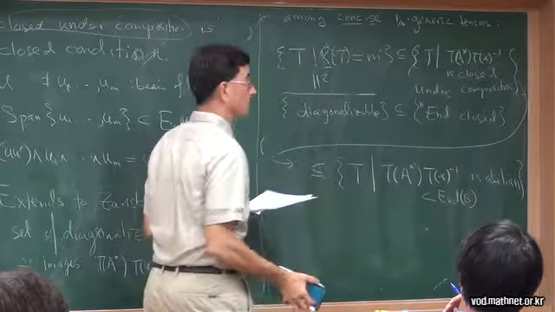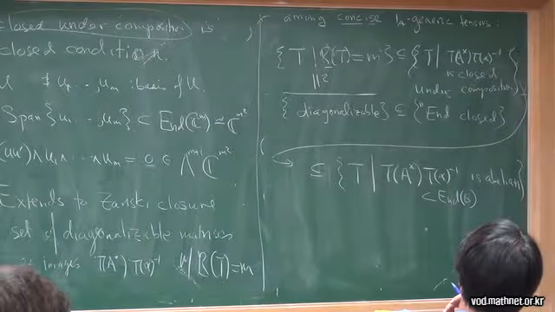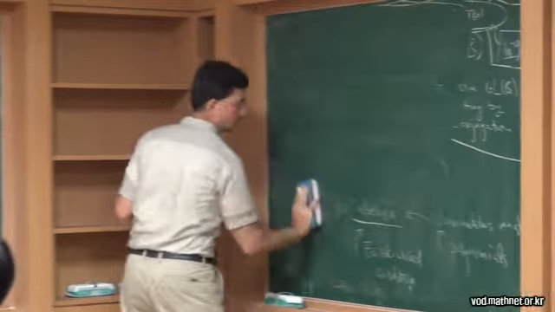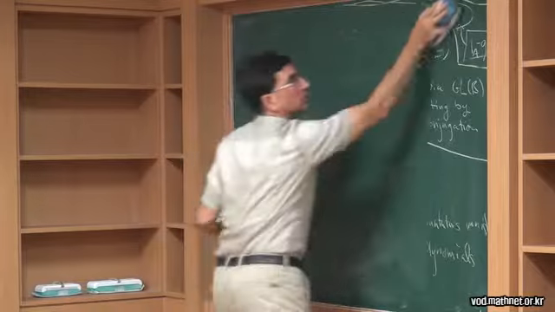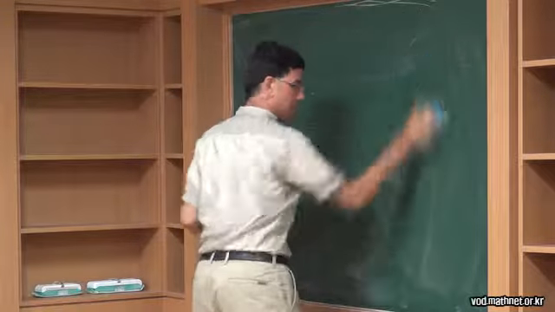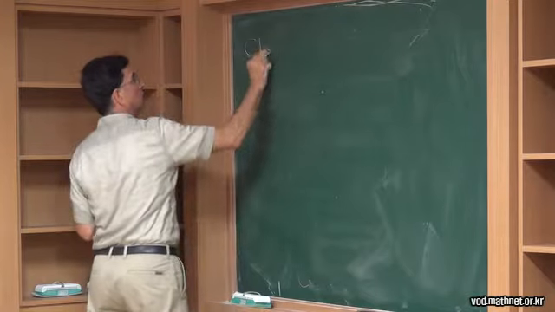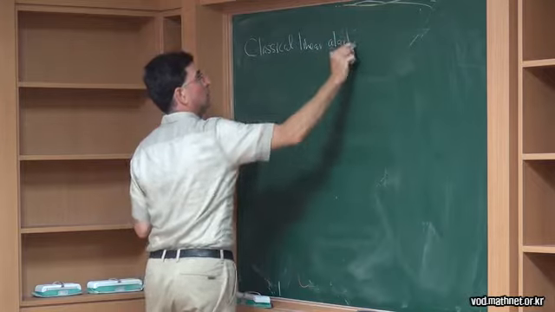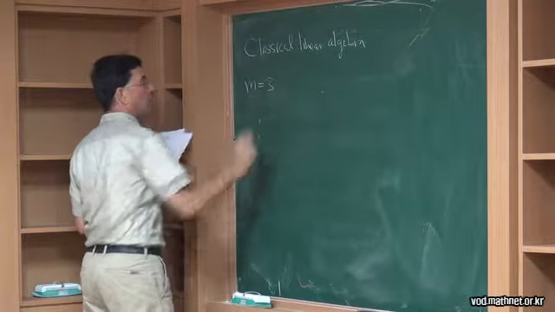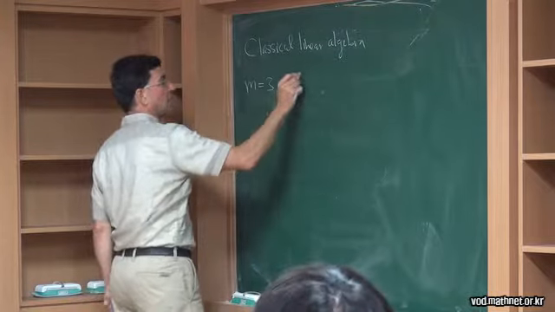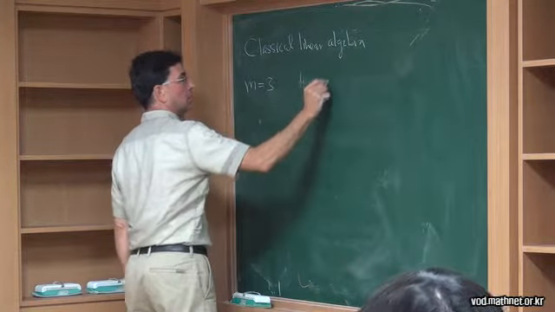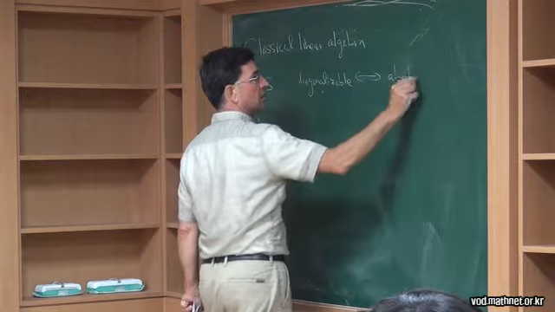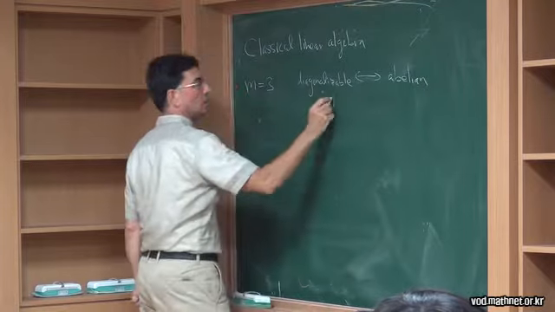So it's a classical result from linear algebra that when m equals 3, diagonalizable is the same as abelian, so all three agree.